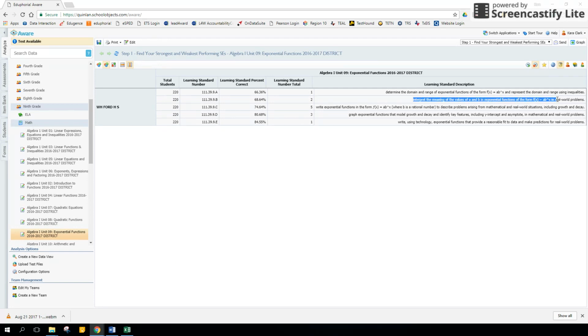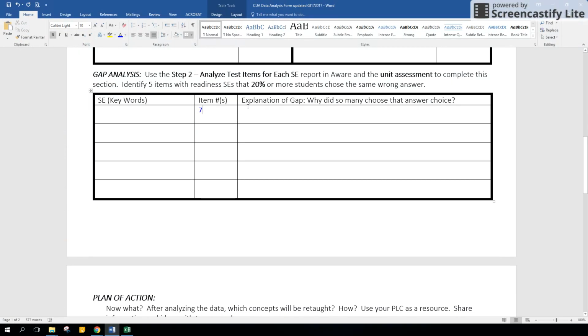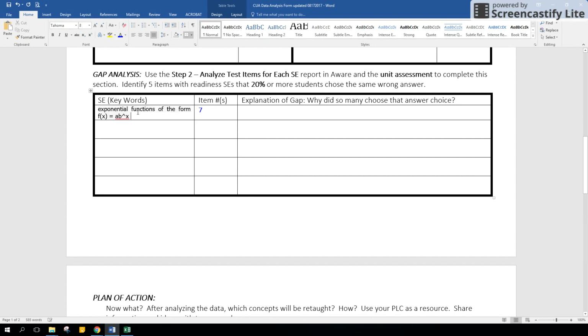All right. So I am just going to say exponential functions of that equation, and I'm actually going to do a little copying and pasting. And that was 9B.